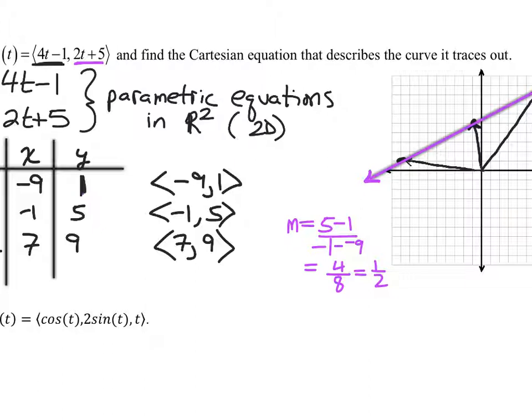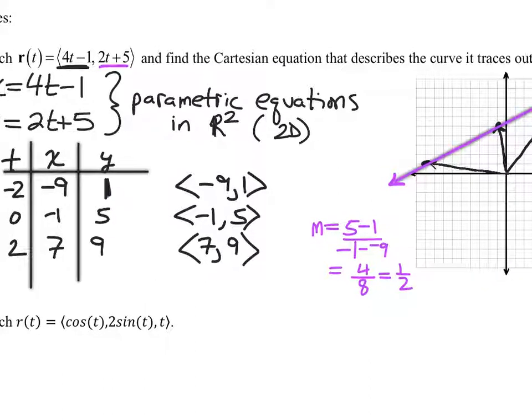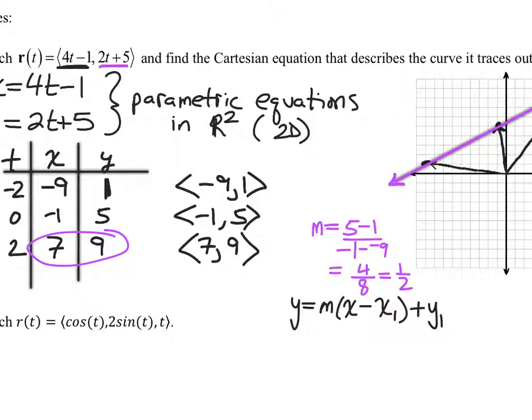And then just choose a coordinate, doesn't matter which one. I'll take this one and put it into my point slope form of a linear function. y equals m times x minus x sub 1 plus y sub 1.